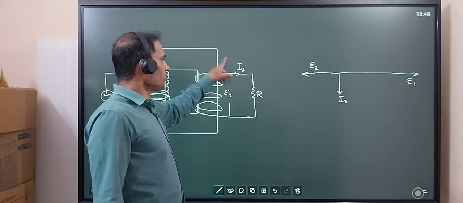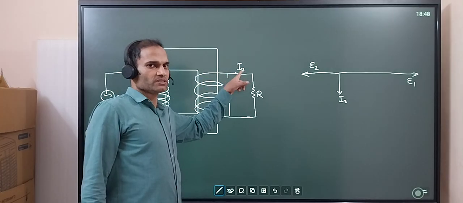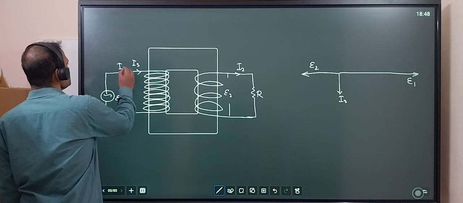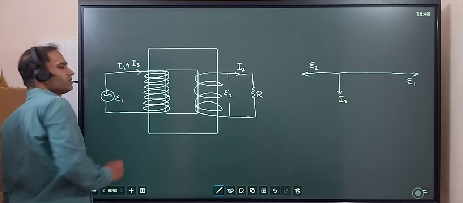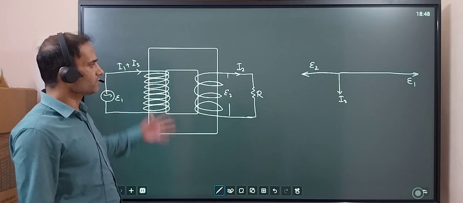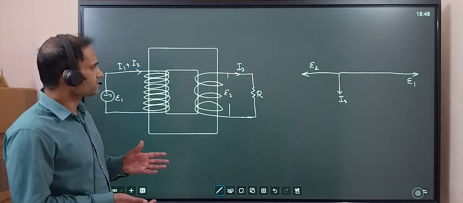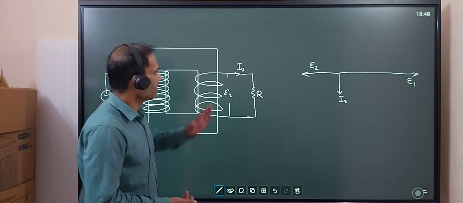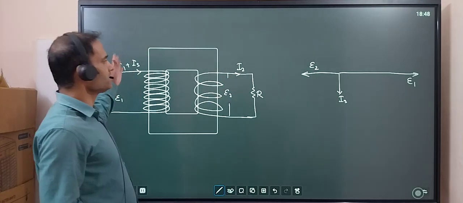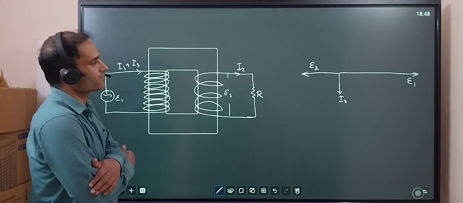Because of this I2, one I1 will also be generated here. This I1 is also sinusoidal. This can be positive, negative, any value. Now what I did, I have one extra current I2 here, one extra current I1 here.